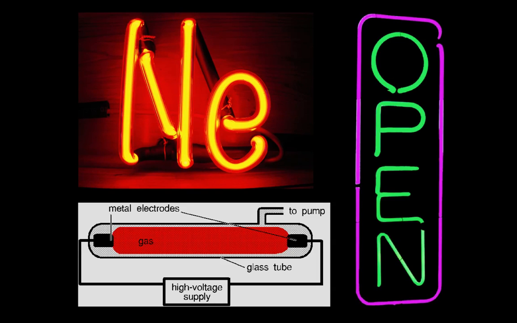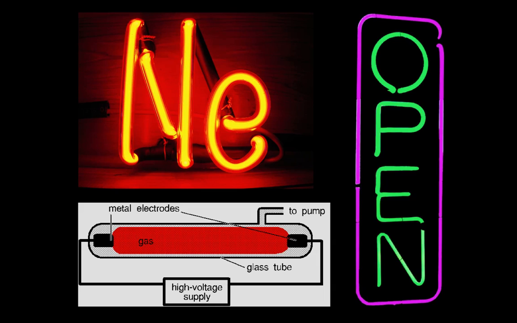But that's not the only source of light. We can get light without so much heat, and an example of that is the neon signs here. The device is approximately shown in the diagram. You take a glass tube and you evacuate it, you take all the air out of it, and you pump in very low pressure amounts of the gas.